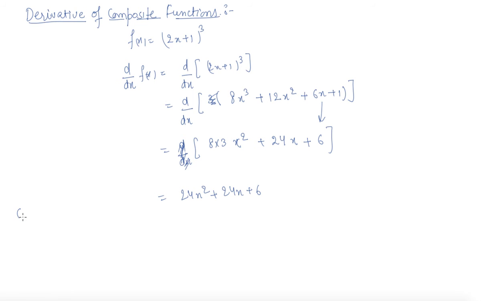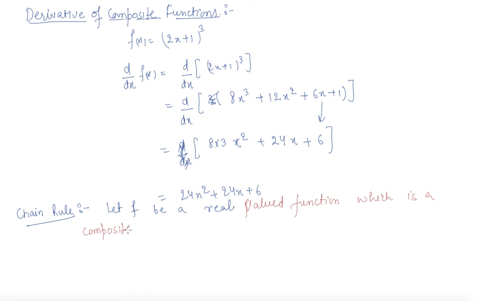There is one more rule, called the chain rule, which states: let f be a real valued function which is a composite of two functions. Let's say f is v of u.